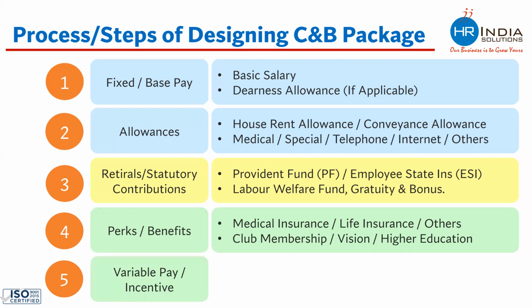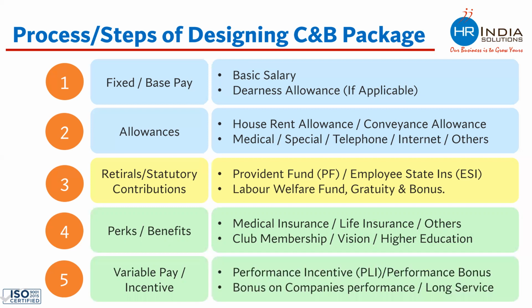The fifth and last step is variable pay or incentive. If the position is one which is required to achieve any kind of target, and on achievement of that target the person is getting some kind of payment, you can add the cost of that. The various names given to variable pay and incentives are performance incentive. Many companies call it PLI, which stands for performance linked incentive. Many companies call it performance bonus.